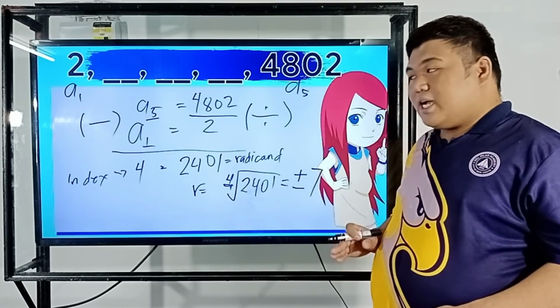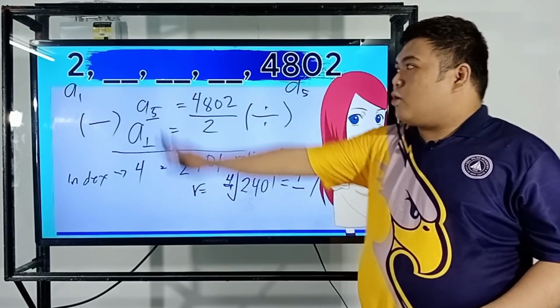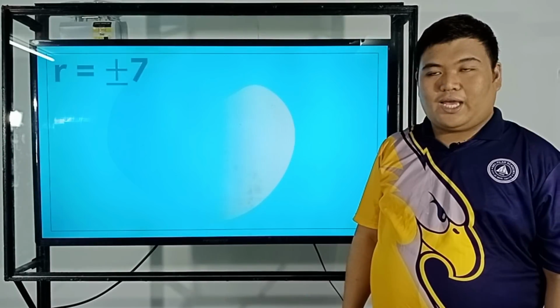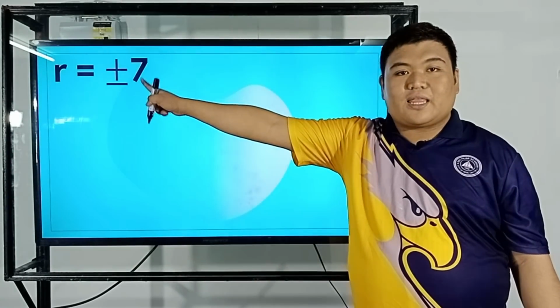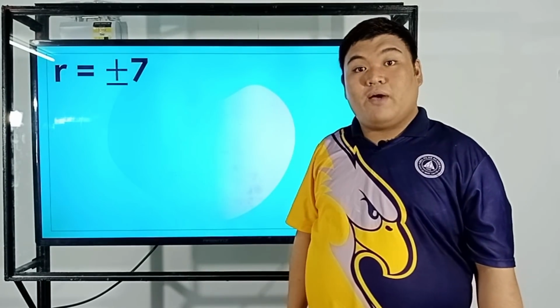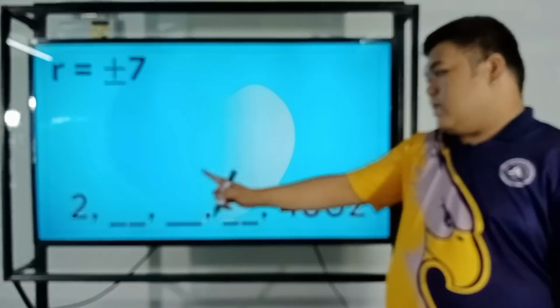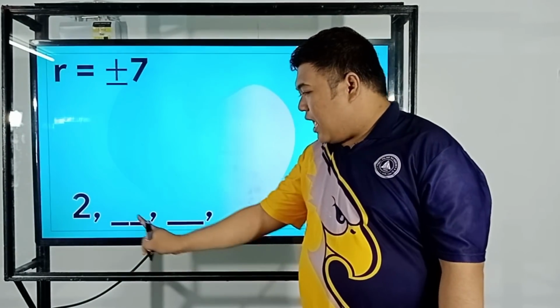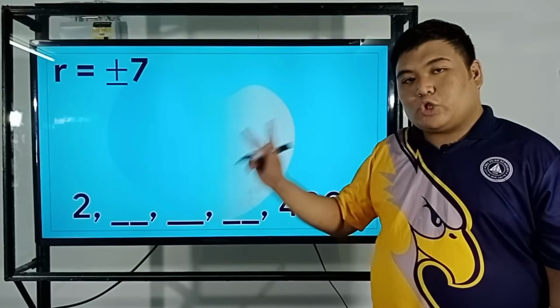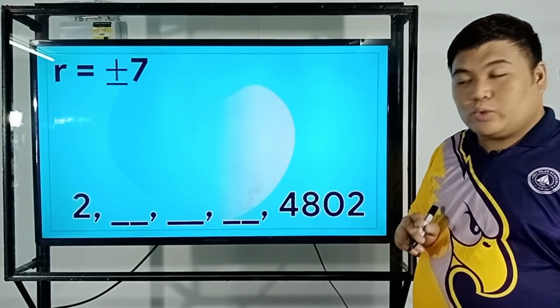Now, si positive and negative 7 yung gagawin natin para makuha yung tatlong missing terms. Okay, kanina, nakuha po natin that the common ratio is positive or negative 7. Now, aalamin natin ano yung tatlong missing terms pa between 2 and 4,802.